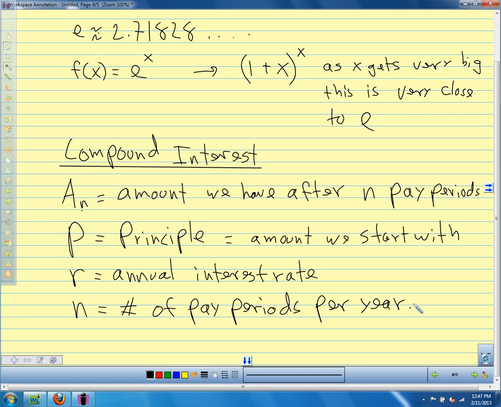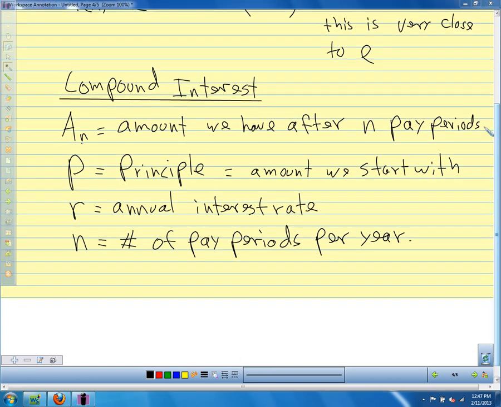It's not hard to come up with a formula. It just involves factoring and repeatedly applying interest. But I think it would be more confusing to do that than if I just say what our formula is.